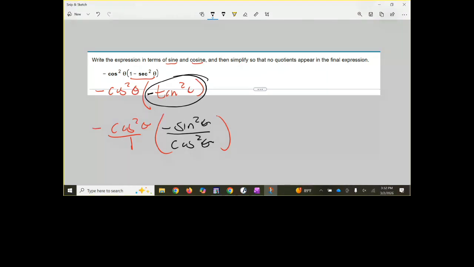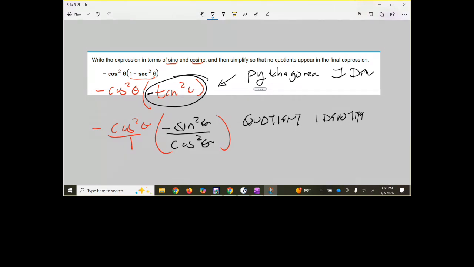All right. So what did I use here? I used a Pythagorean identity. What did I use here? I used a quotient identity, okay?